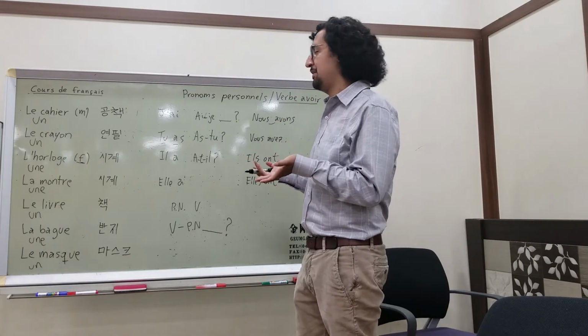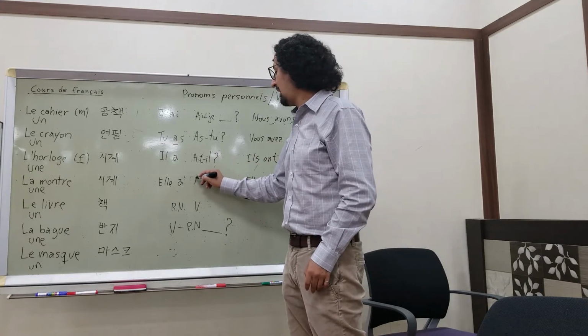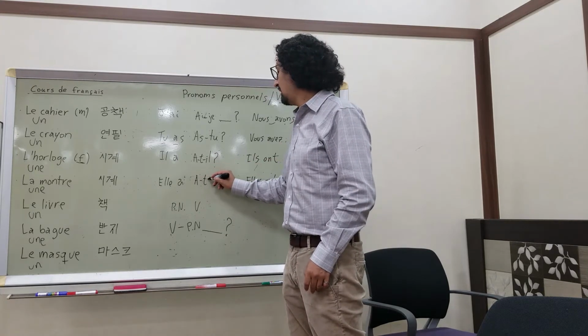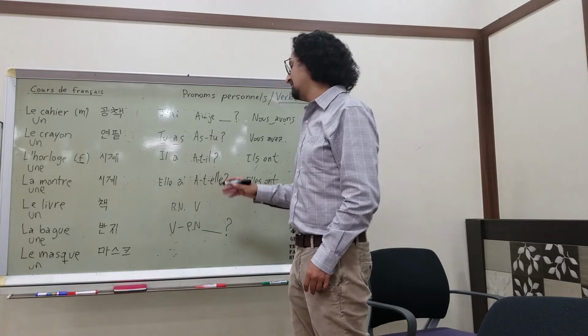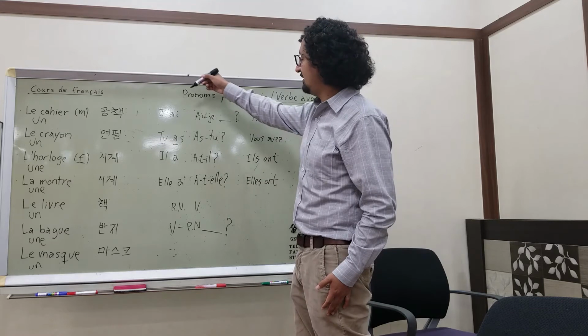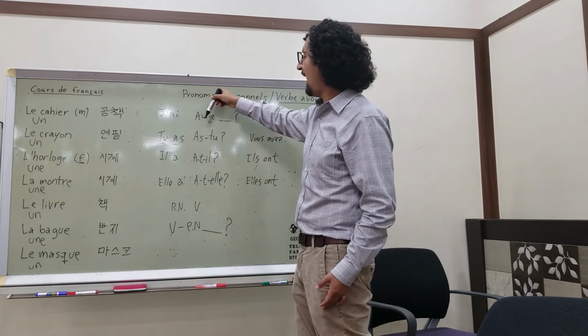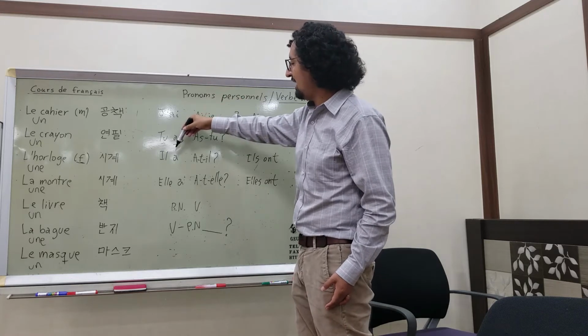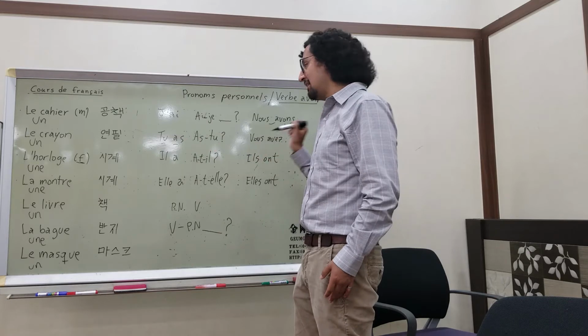Does he have? Now with she, it's very similar. A-t-elle. So in this case, I have, j'ai, ai-je, tu as, as-tu, il a, a-t-il, elle a, a-t-elle.